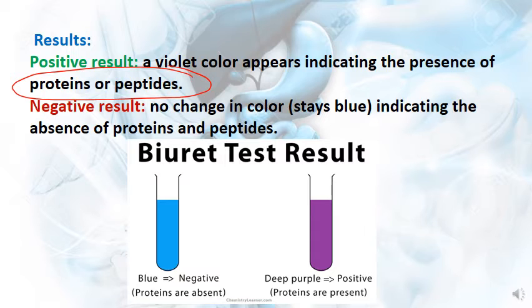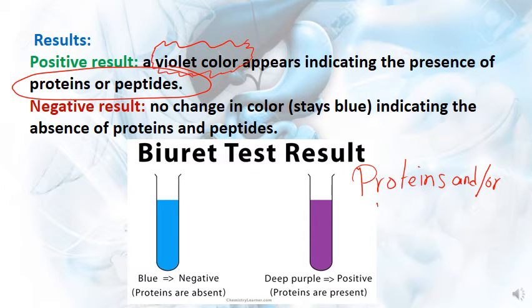We will study it in the next video. So whenever we have a violet color with the biuret test, this means that we have either protein and/or polypeptide or peptide. They are the same.